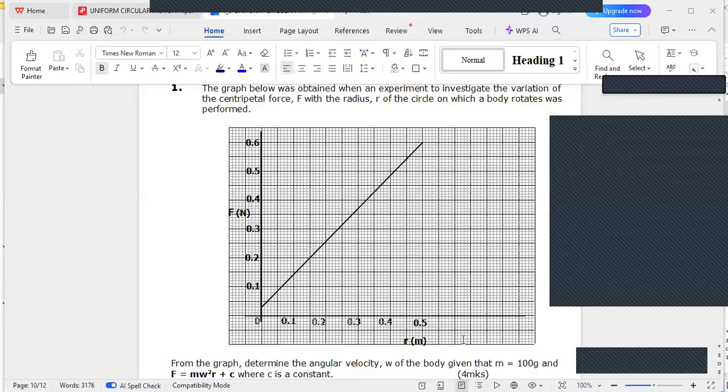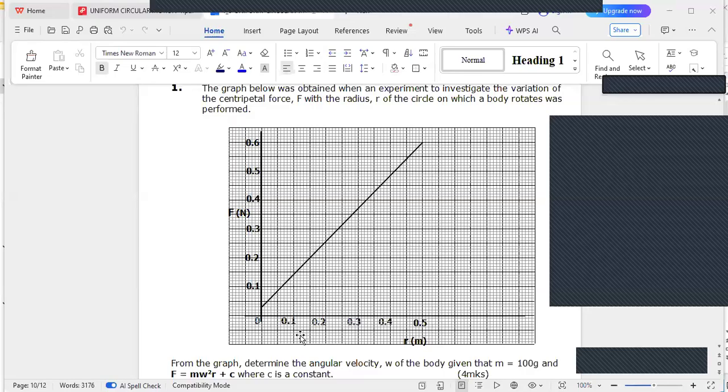I want to know which quantity is representing the slope and which quantity is representing the y-intercept, because in most cases you will be asked to find the value of omega and find the value of c.